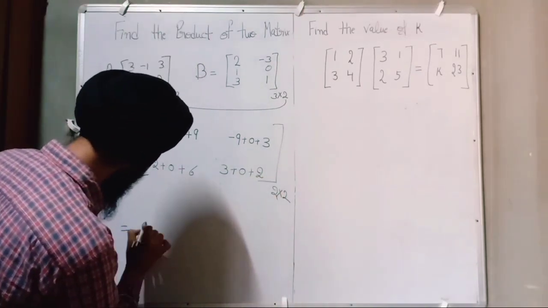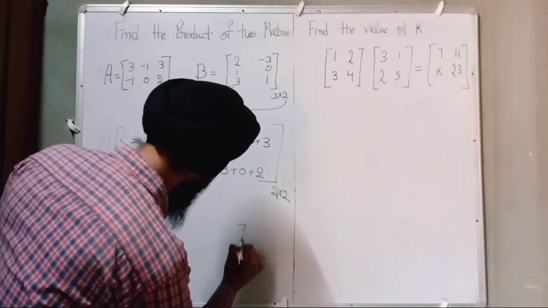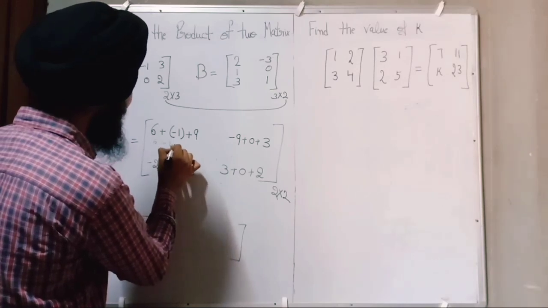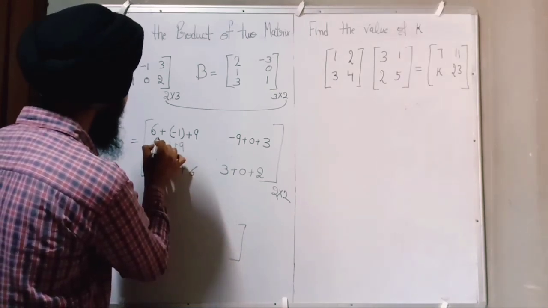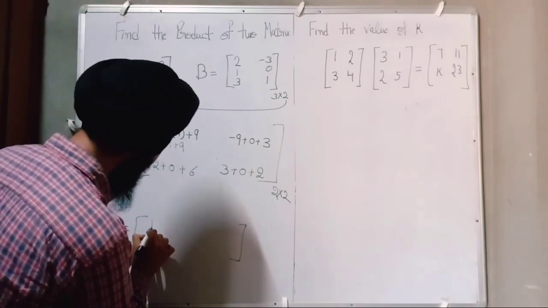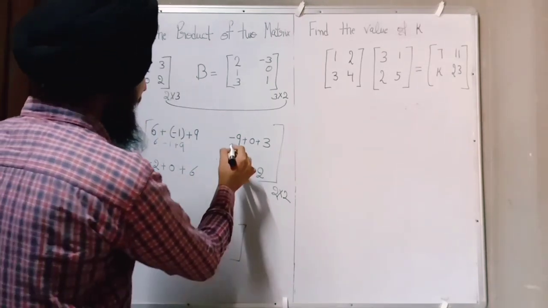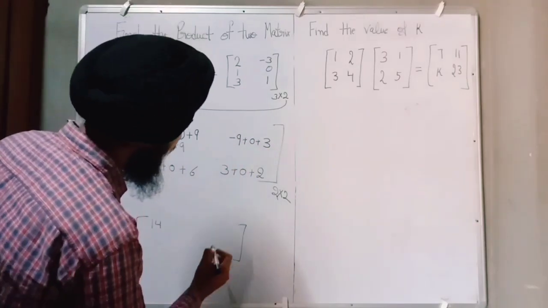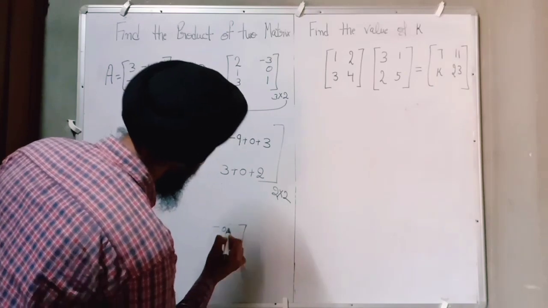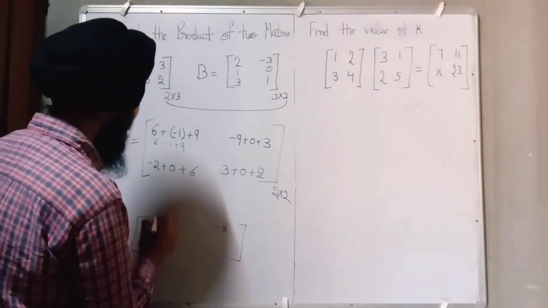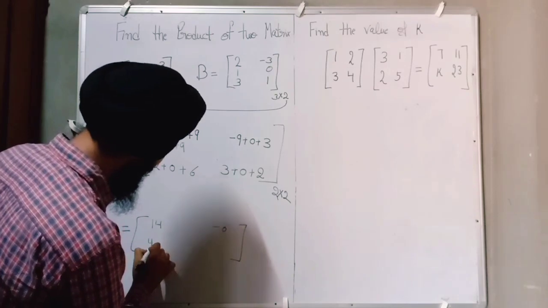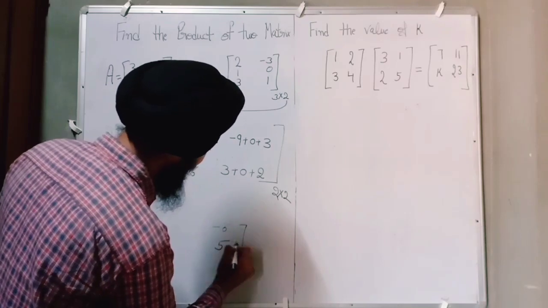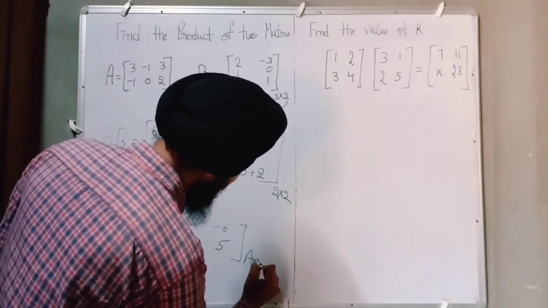Now add these elements. 6 minus 1 plus 9 is equal to 14. Minus 9 plus 3 is equal to minus 6. 6 minus 2 is equal to 4. 3 plus 2 is equal to 5. This is our result.